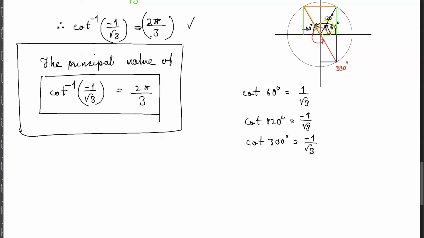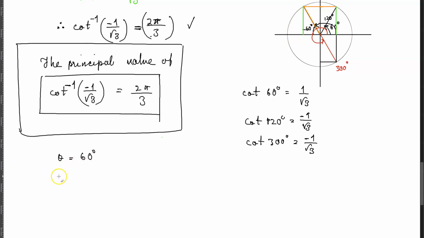You can see that, for example, 120 degrees. Let's take this 60-degree angle as theta. Theta is equal to 60 degrees. And let's take this 120-degree angle as some other angle that I want to find in terms of theta. So that is the same thing as 180 minus theta.